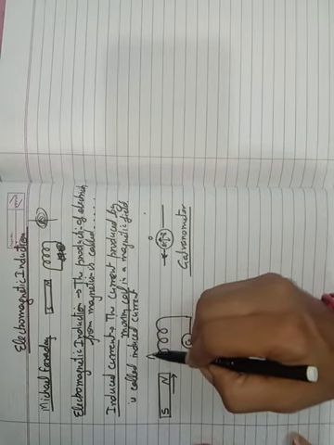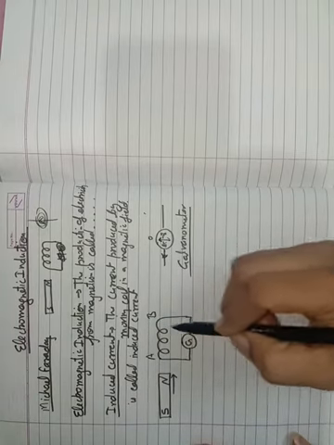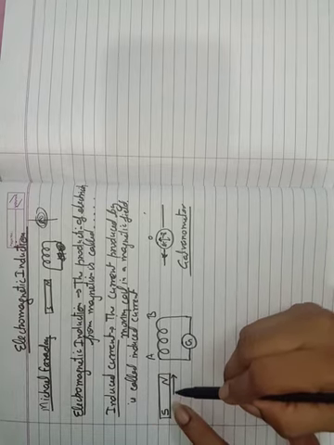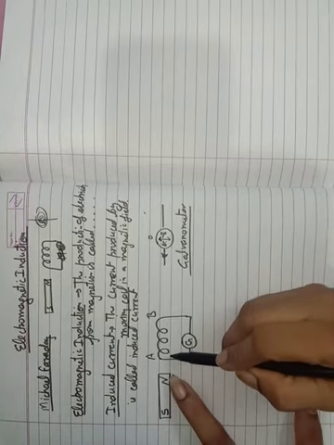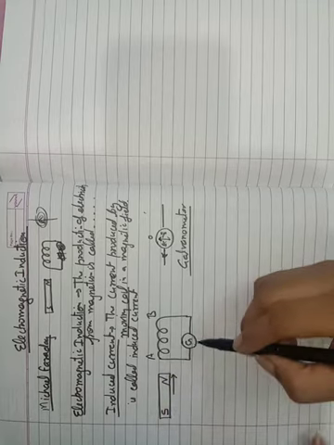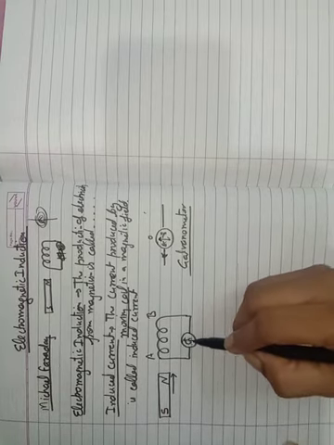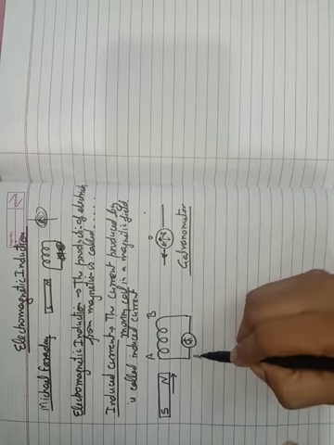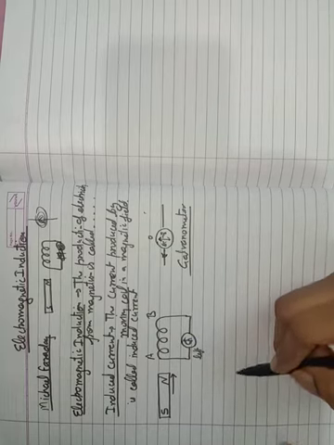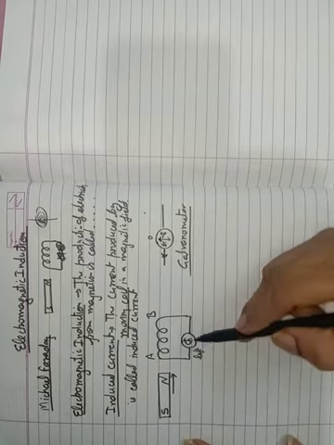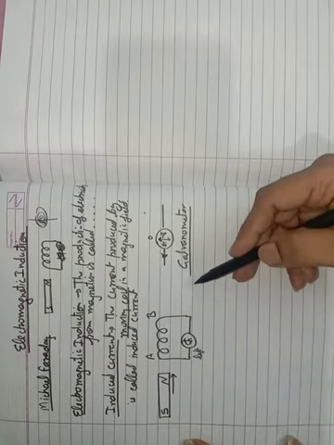I am representing the sides of the coil by A and B. He found that by moving the north pole towards the coil, the galvanometer deflects in this direction, suppose to the left side. This deflection shows that current is induced in the coil.